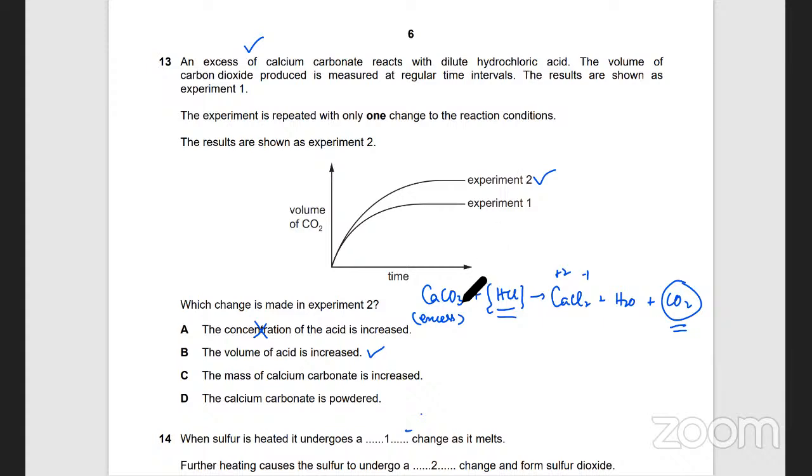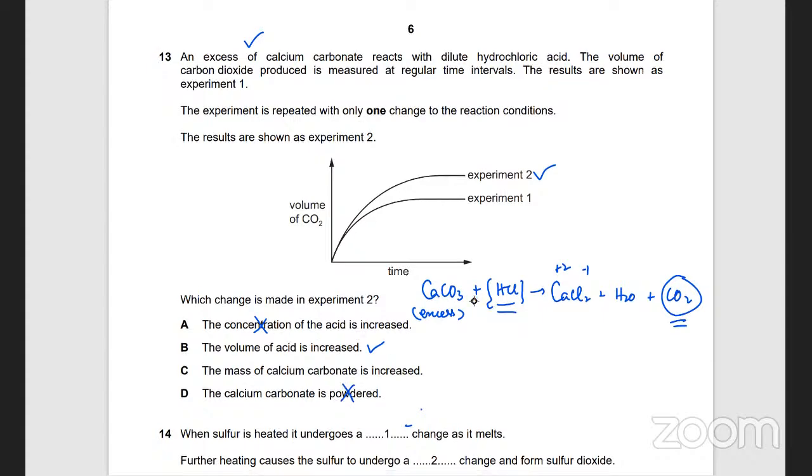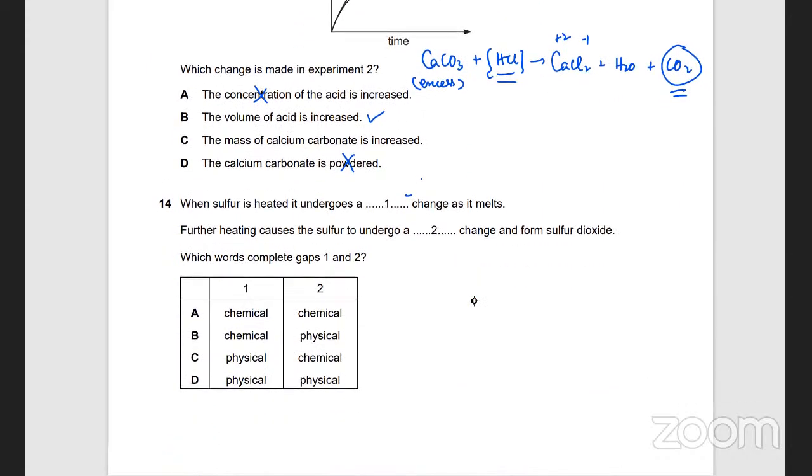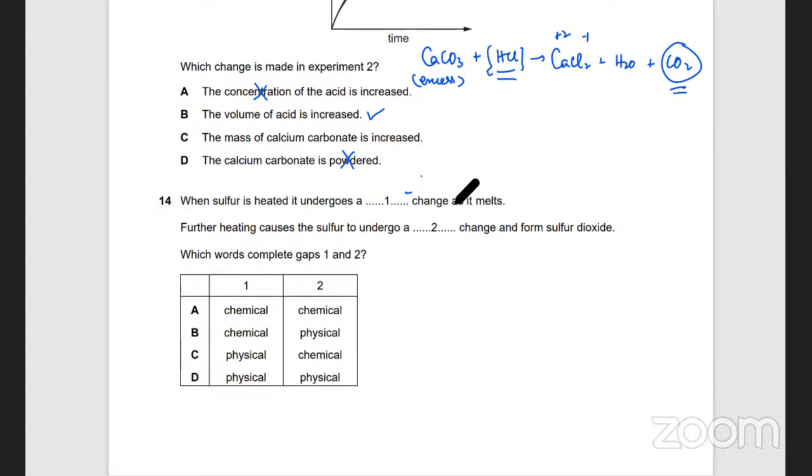It can't be powder, because powder would change the speed. Next: when sulfur is heated, it undergoes a dash change as it melts. When sulfur is heated and it melts, is it a chemical change or a physical change?